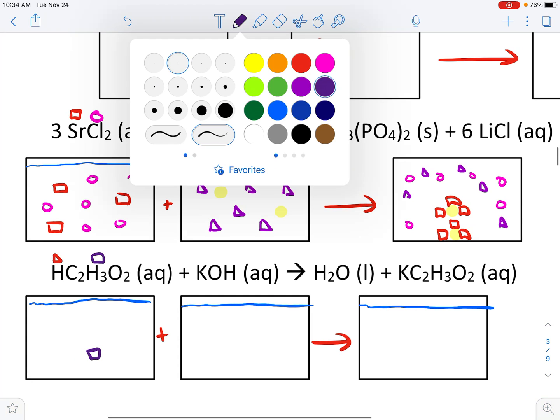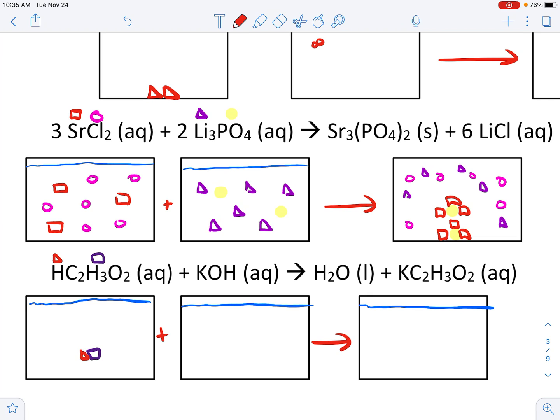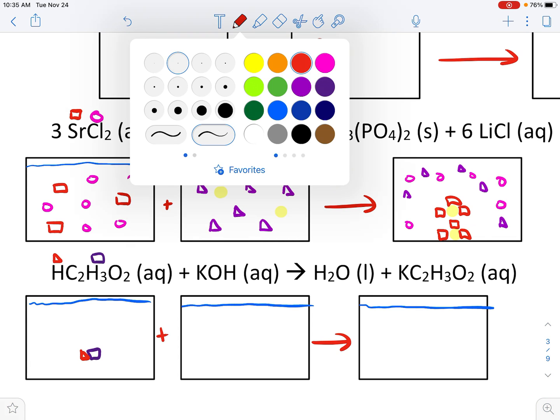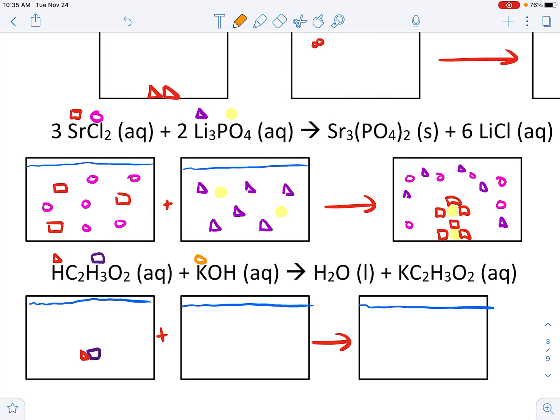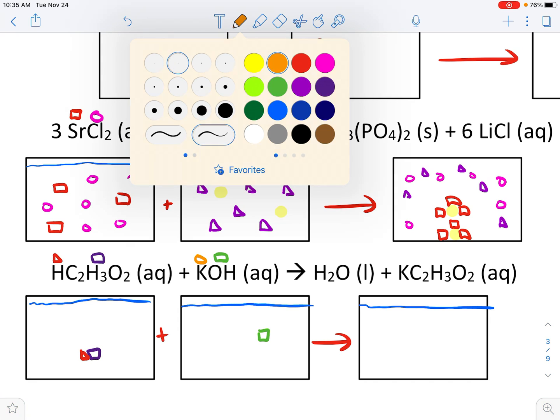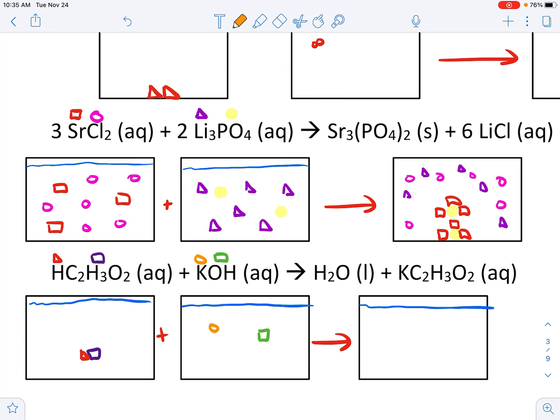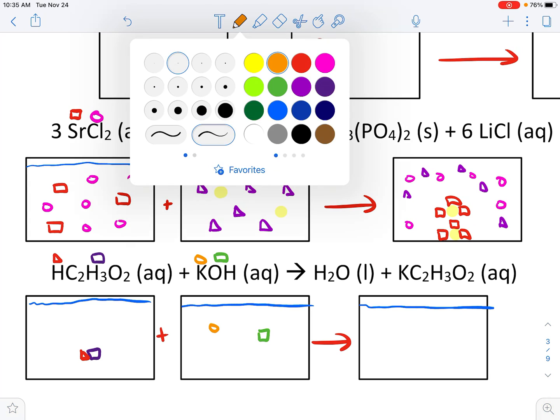I know my triangle should be red, sorry. There's that, just floating in solution. And then K, let's have a circle, and for our OH, let's do a green box in this case. So we'll have one box floating, and it won't be attached to this circle, so they're separated.